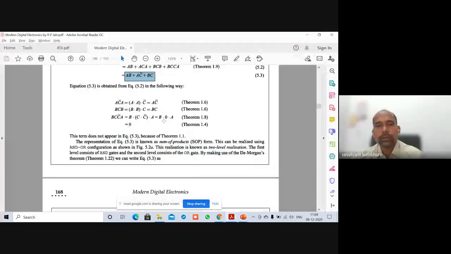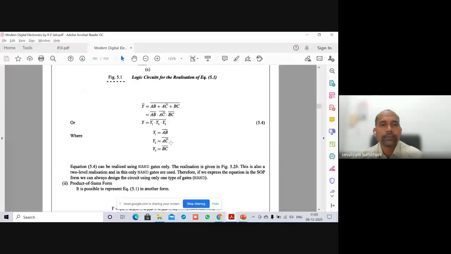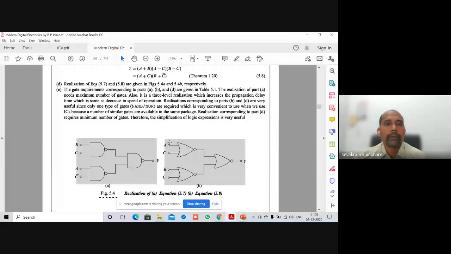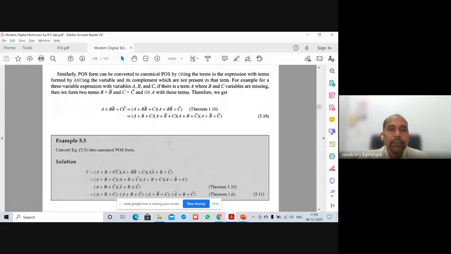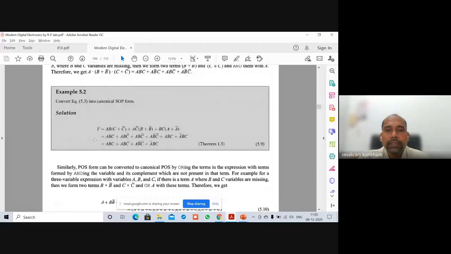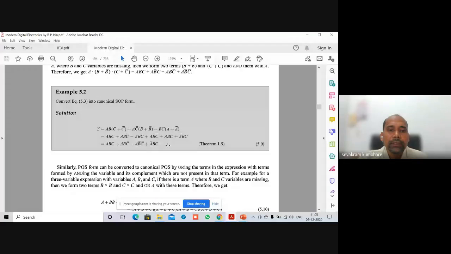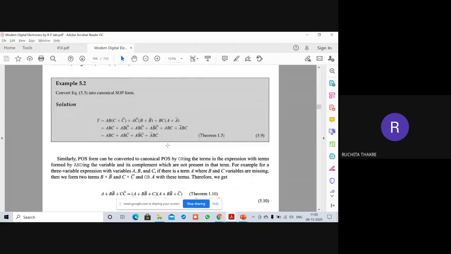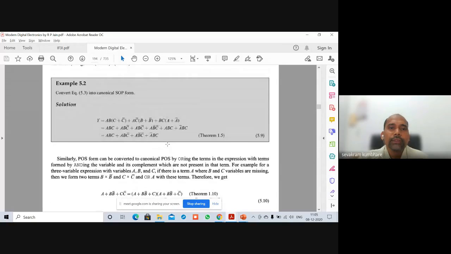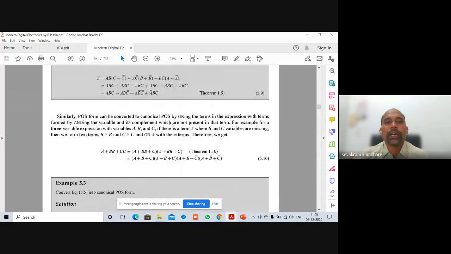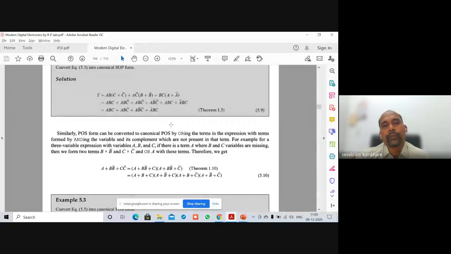That is shown over here: ABC plus ABC bar plus AB bar C bar plus A bar BC. Got it? All of you got this? So like this we can convert the given expression into canonical sum of product.